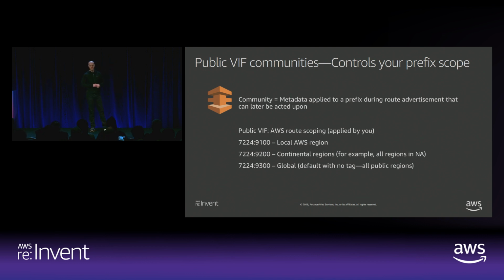We also mentioned that you had the ability to change and limit the scope to continents, local regions, and global with the use of communities. For example, by attaching the community 7224:9100 to the routes you advertise, AWS will only be able to reach those IP addresses via the local region that your Direct Connect is paired to.